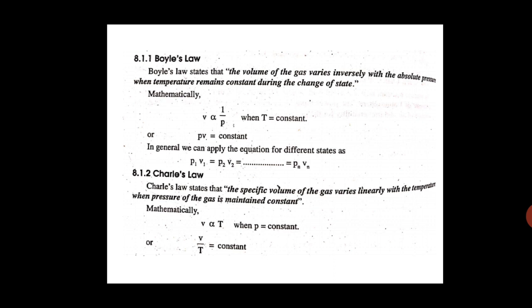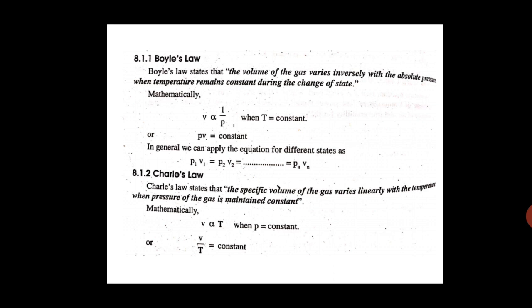Simple. So volume is directly proportional to 1 by P, or inversely proportional to pressure when T is constant, or you can write it the other way, PV is equal to constant.